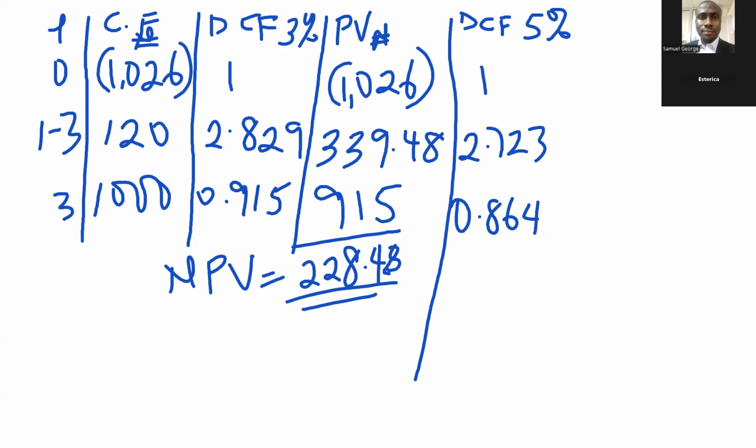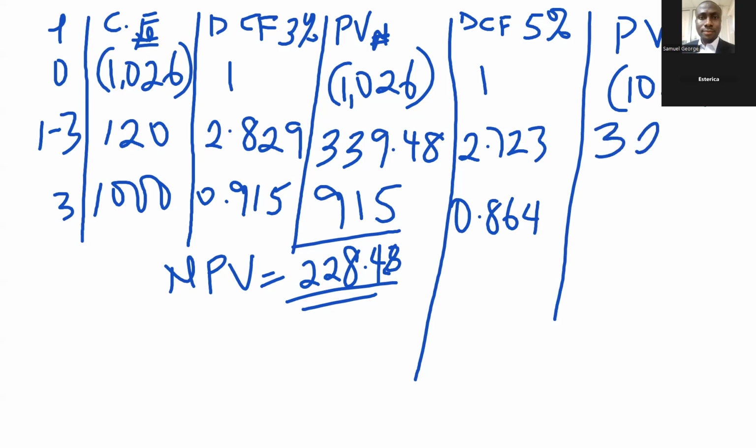0.864 approximately. Then the PV will be equal to, year 0 is minus 1026, 2.723 times 120. I am getting 326.76.